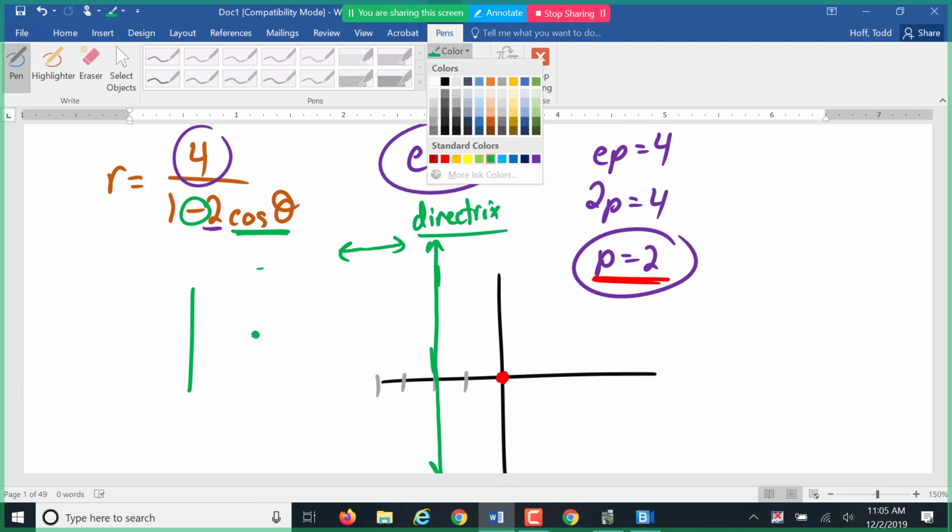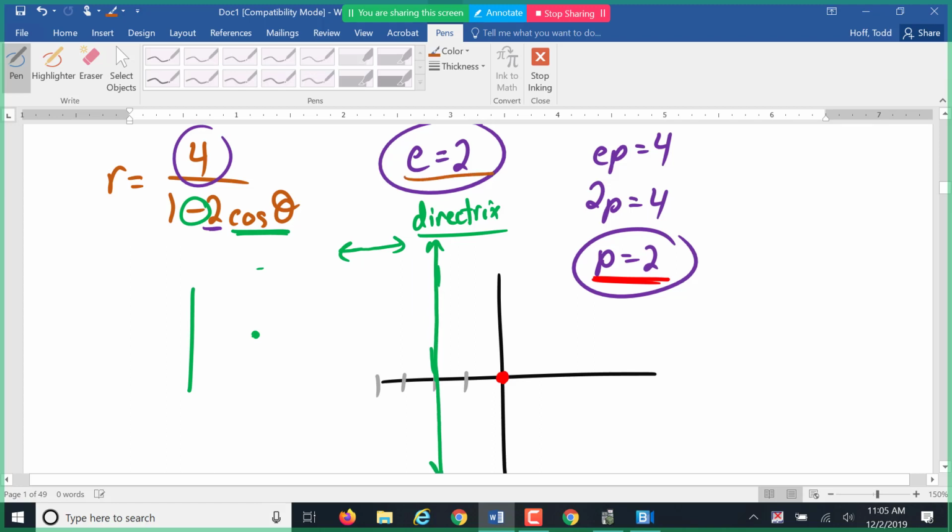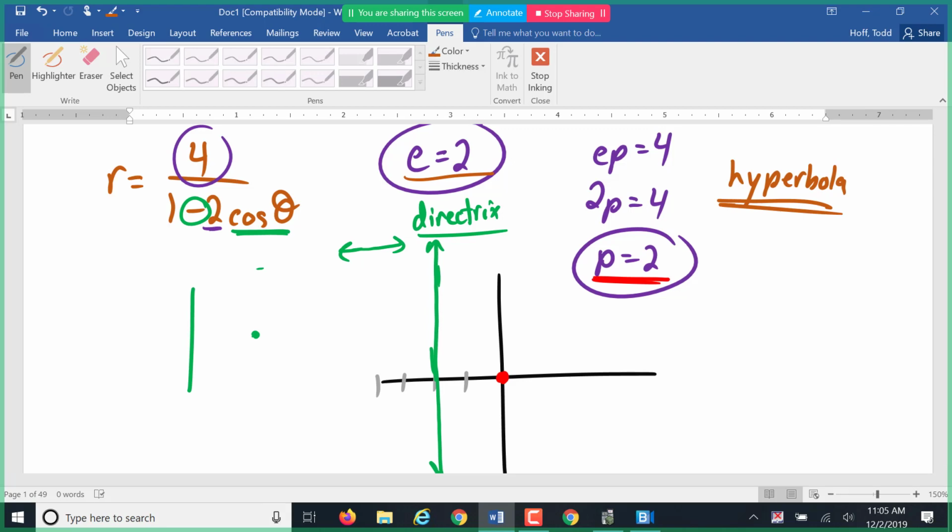Now the eccentricity of 2, that is larger than 1. Since that is larger than 1, that is telling us that this is going to be a hyperbola. And the distance from the focus to a point on the graph is double the distance. So focus to point is equal to 2 times the distance from directrix to the point.